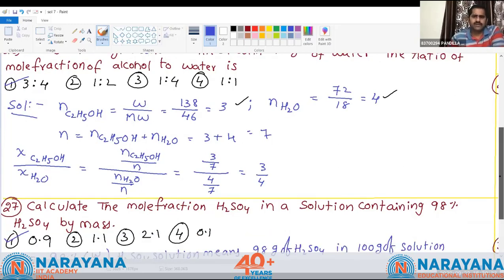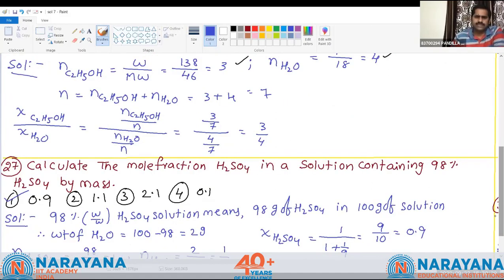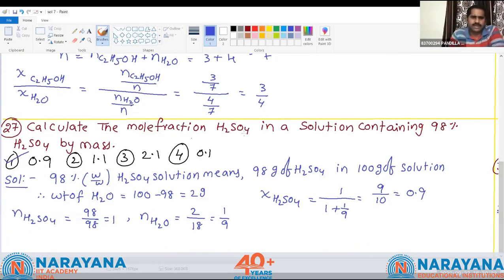Now the question related to 27. Students, please observe. Calculate the mole fraction of H2SO4 in a solution containing 98% H2SO4 by mass. There are 4 options given. The first option is correct. How? 98% weight by weight of H2SO4 means 98 grams of H2SO4 in 100 grams of solution.